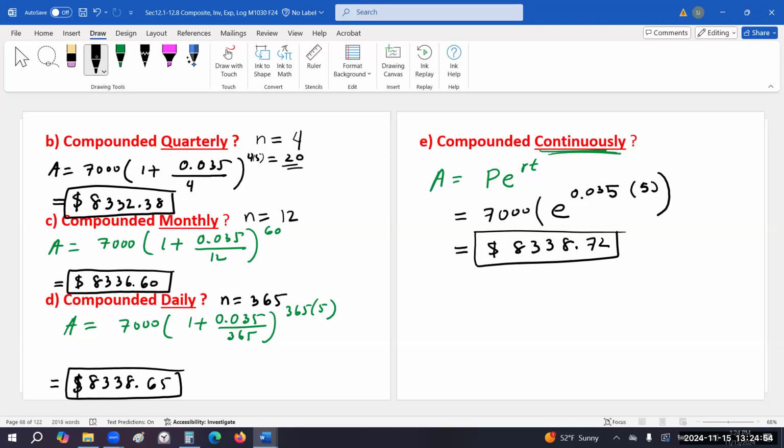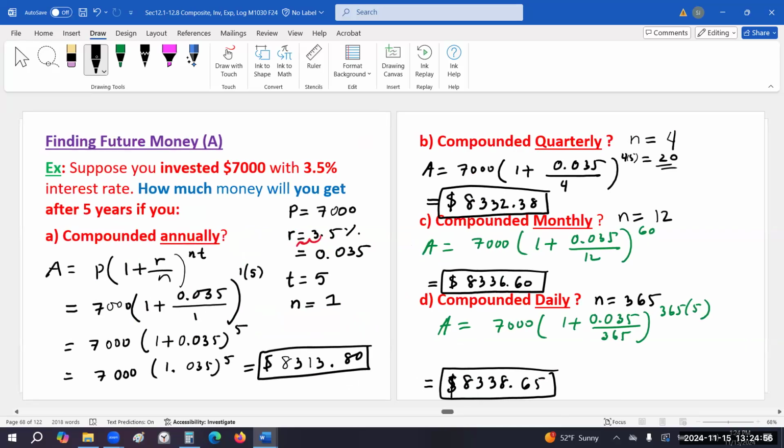Now observe something cool. When you do it once a year, we have $8,313.80. When you compound 4 times, it becomes $8,332. From $13, you get an increase to $32. If you do it 12 times a year, from $32 you get $36. If you do it daily, every day, the $36 becomes $38.